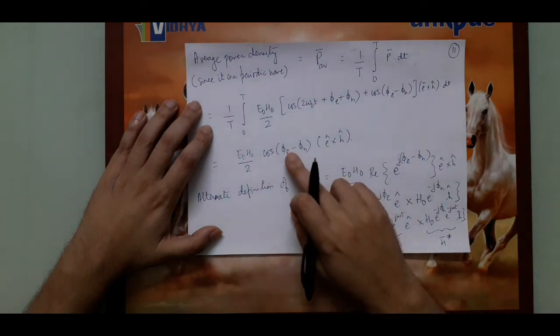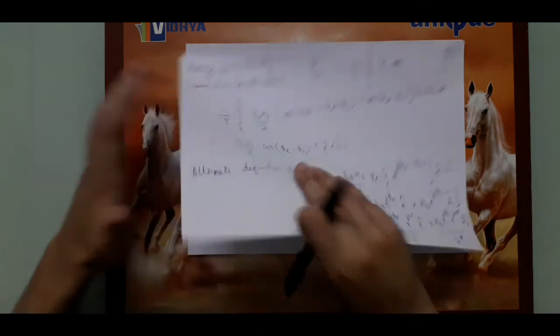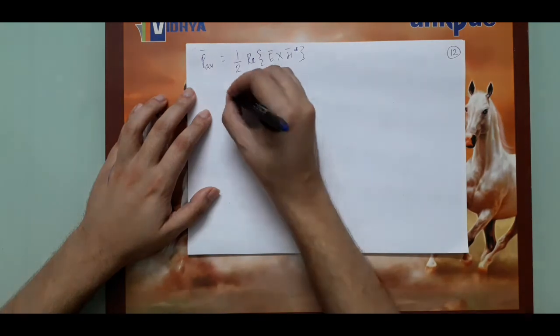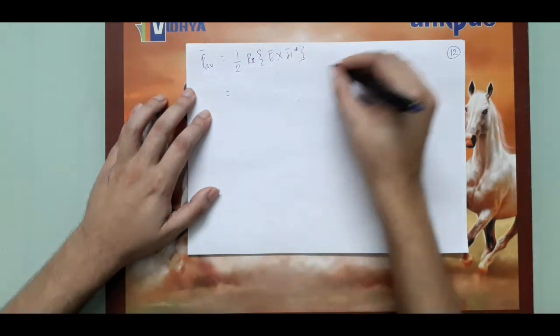So let us write this down. Rewriting this, this is form 1.